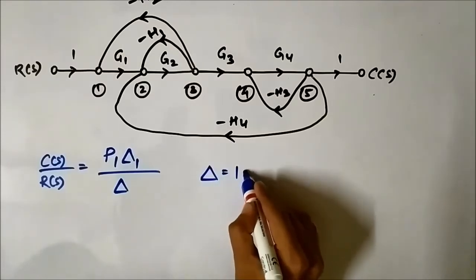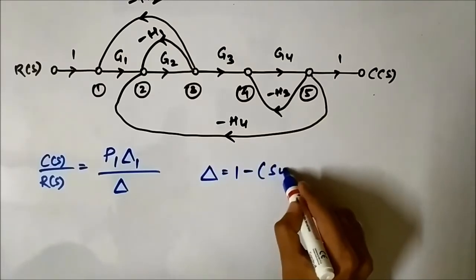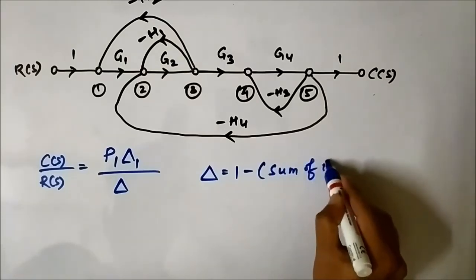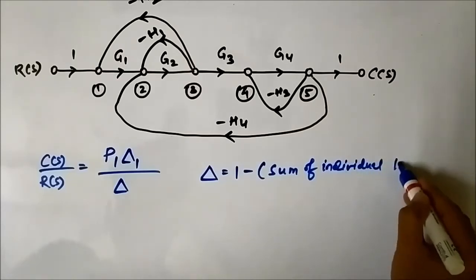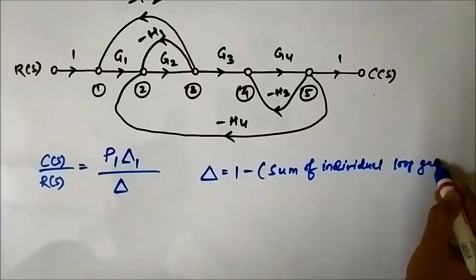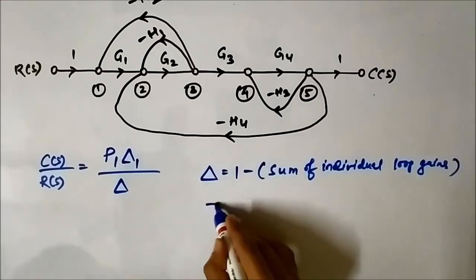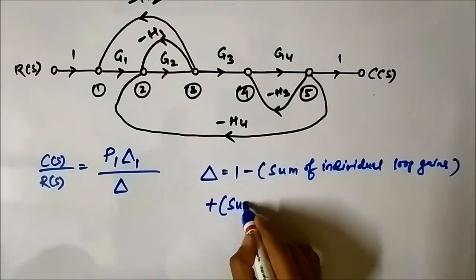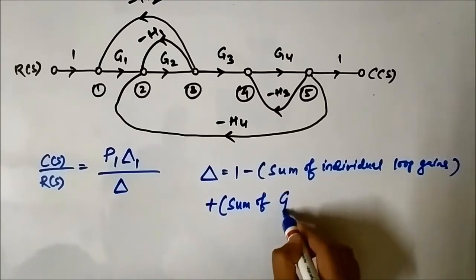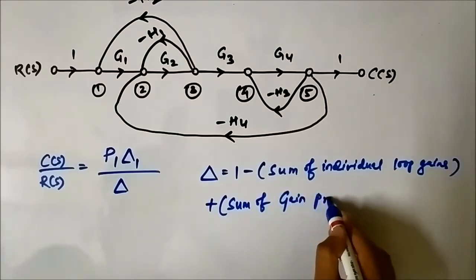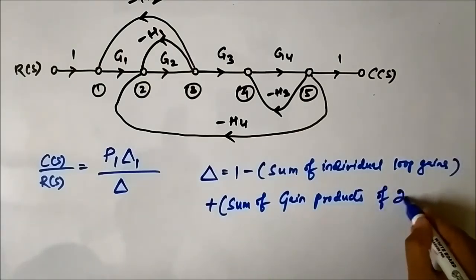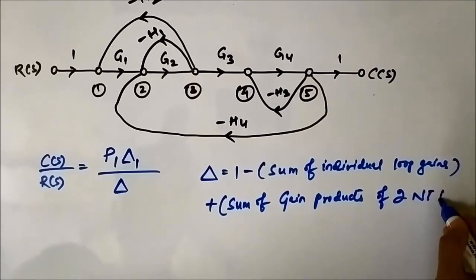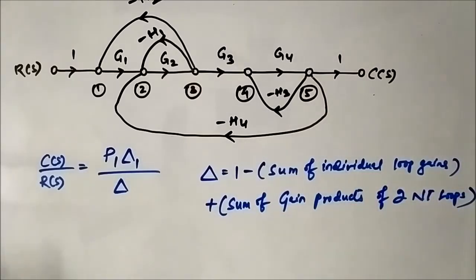It is 1 minus the sum of individual loop gains, plus the sum of gain products of two non-touching loops. As there are no three non-touching loops, the equation will proceed until this.